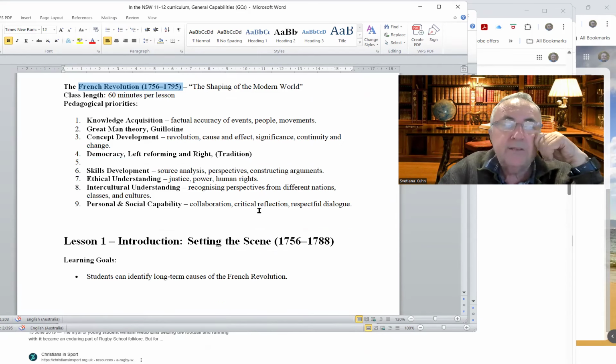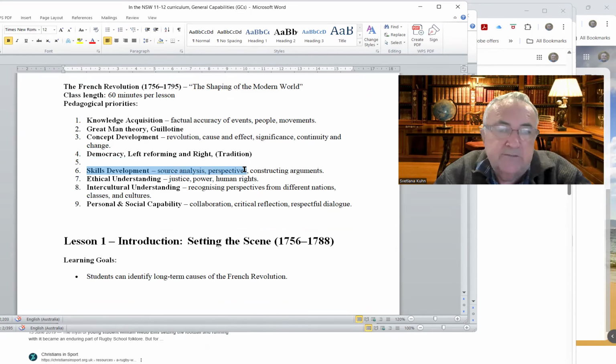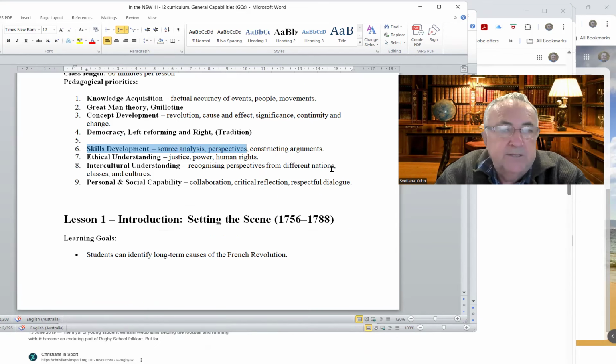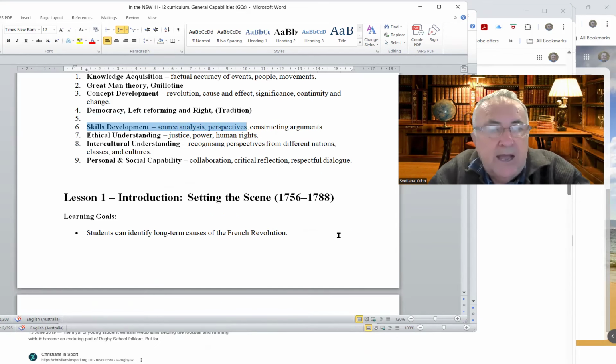Skills development is highly important, and you could have a section in your lesson development on skills such as locating sources, analysis of sources, looking at different perspectives, developing and constructing arguments, understanding and interpreting arguments and their validity. Ethical understanding and values, justice and power, and human rights are also vitally important.